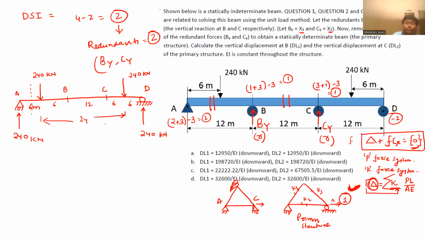So now, under the external load, you tell me, is the bending moment at any point constant or varying?